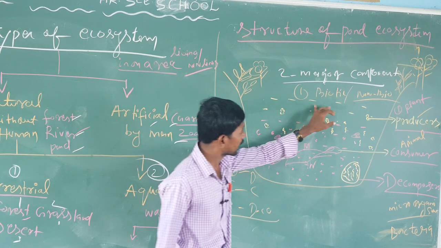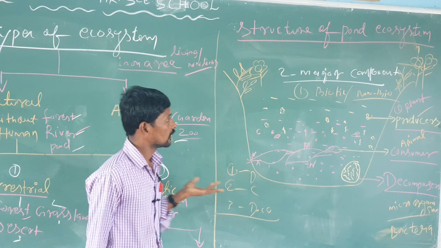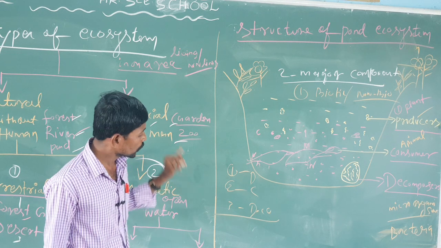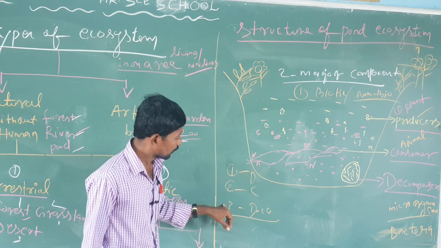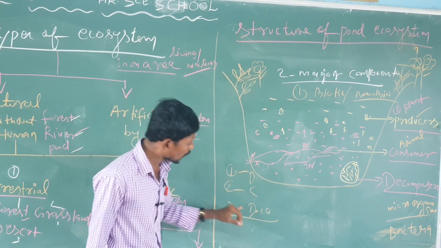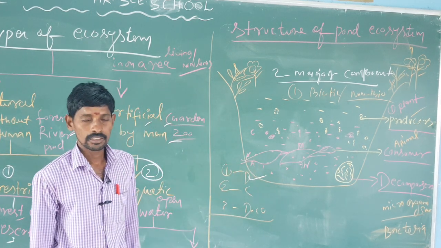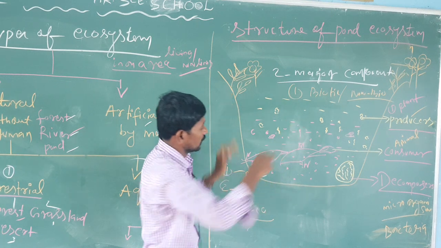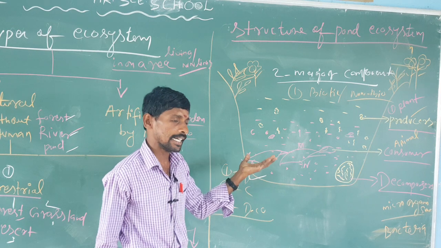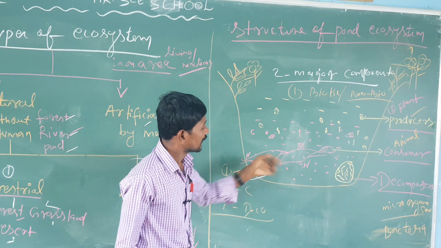Then the first one, biotic, only living things: plants, animals, human beings. Biotic components are of three types: producer, consumer, and decomposer. What is a producer? This is our land, the pond. The pond has small and large fish, small and large insects, and water and soil.